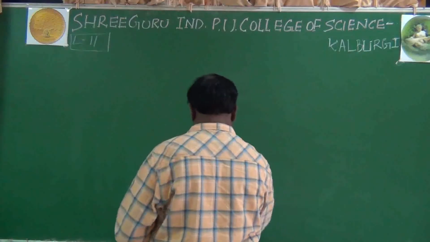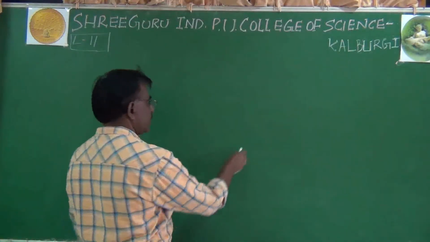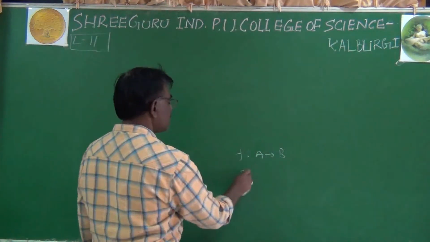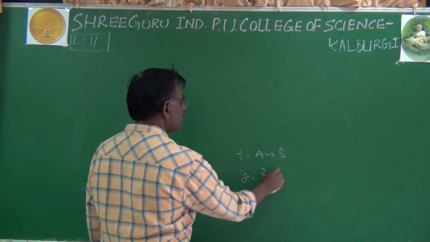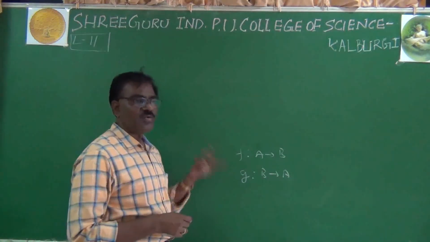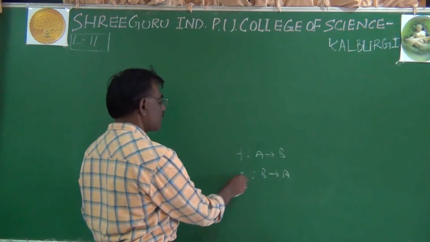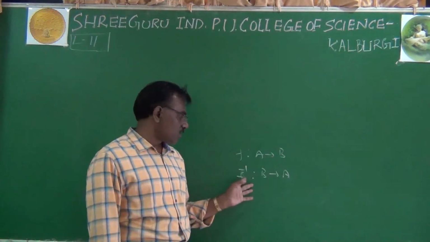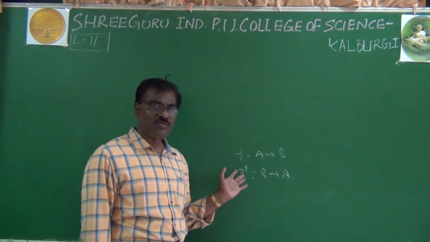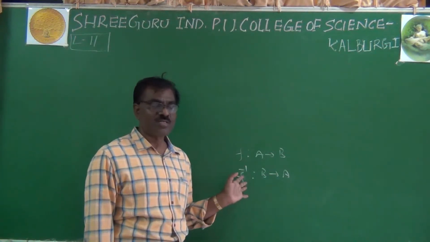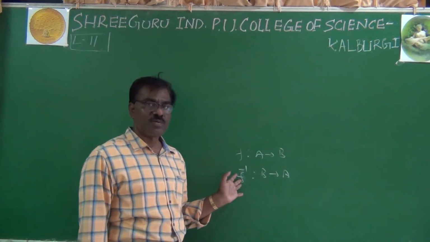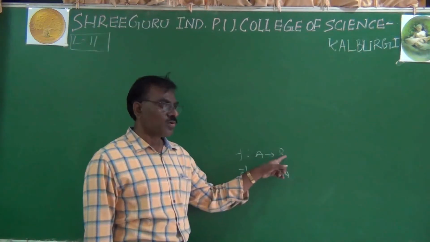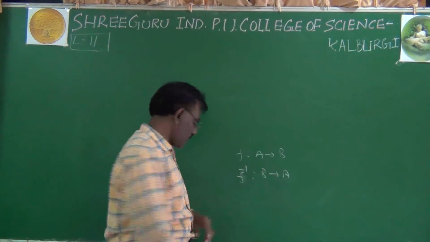There exists another function g, f from A to B, g from B to A. So g is the inverse of f; if I remove g, it is called f inverse. f from A to B and f inverse from B to A, from domain to codomain and codomain to domain.